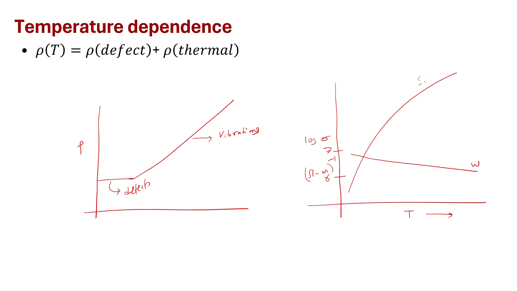So, what we have done today, we have seen first of all how metals and semiconductors look different in the context of band structure. Metals have overlapping or partially filled bands, so conduction occurs without needing to overcome a gap.